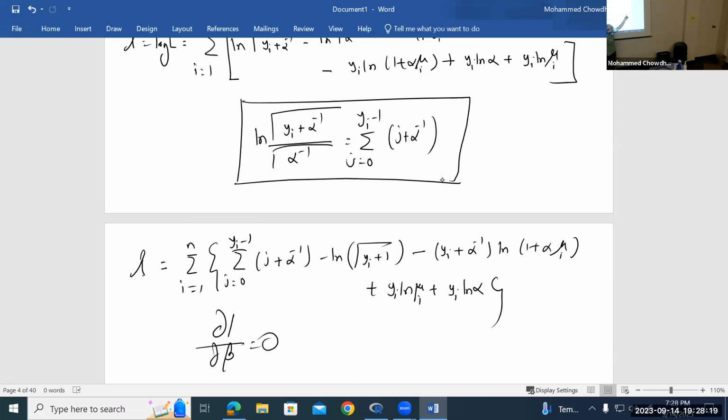Beta will be in here. This mu I will be replaced by the betas, and then finally differentiation, first order derivative and then second order derivative with respect to beta j and beta k. With these things, you will get a Hessian matrix and solutions, but finally the Newton-Raphson method.